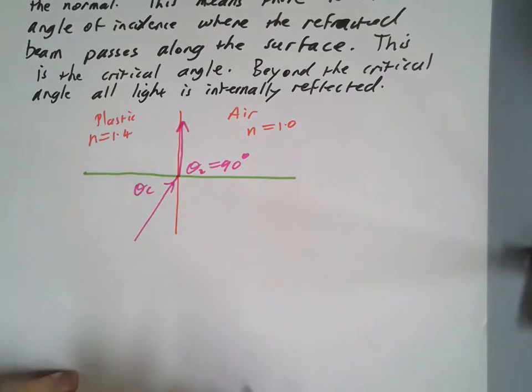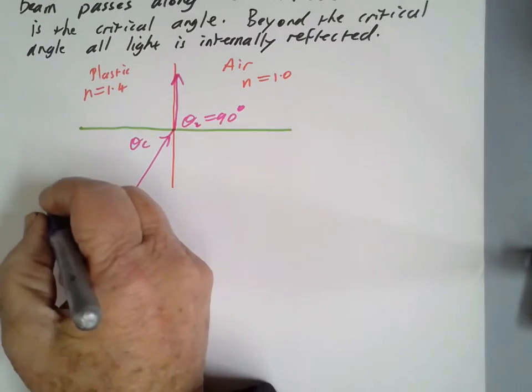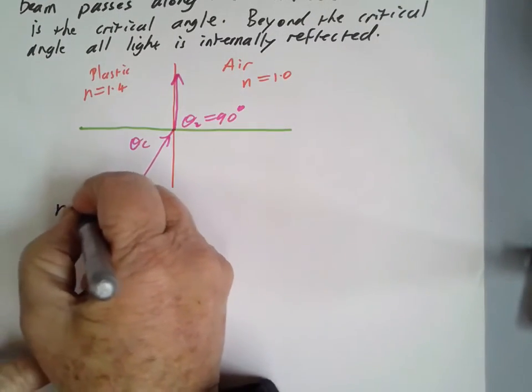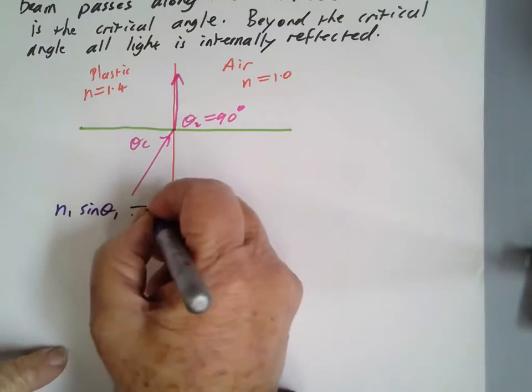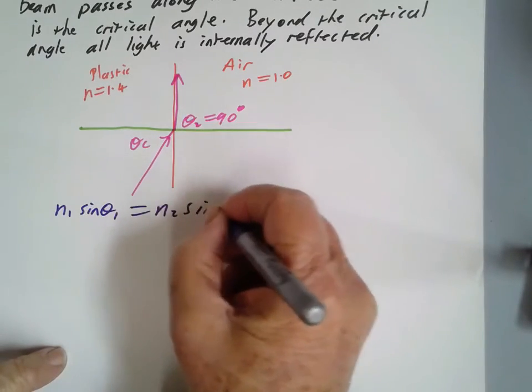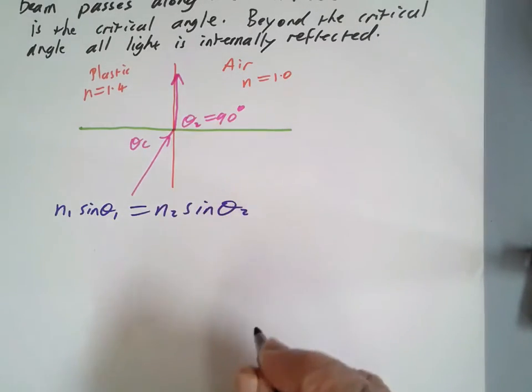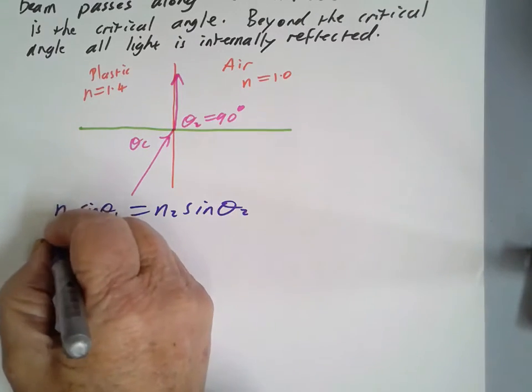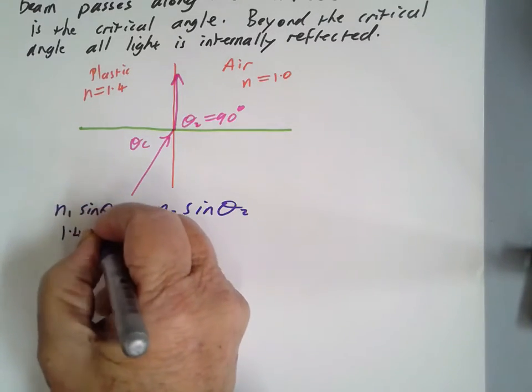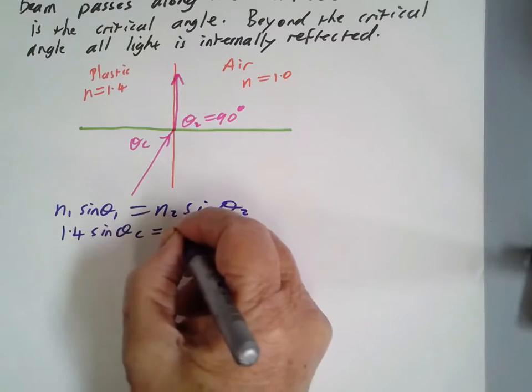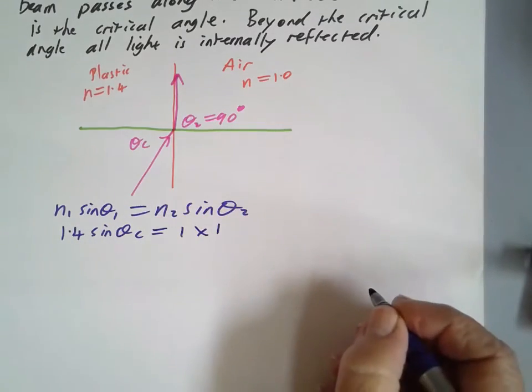So going back to basics of Snell's law, n1 sine theta 1 equals n2 sine theta 2. And put it in perspective for this one, 1.4 sine theta C equals 1 by 1, because sine of 90 is 1.